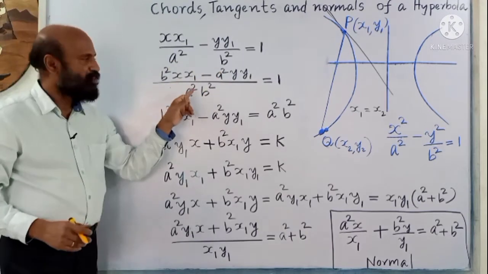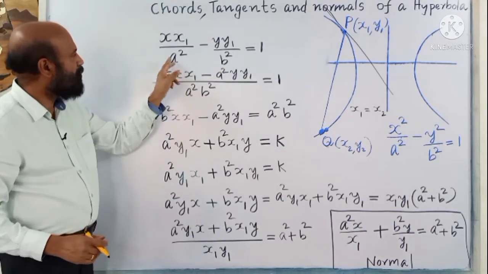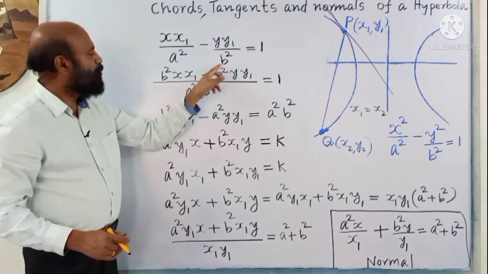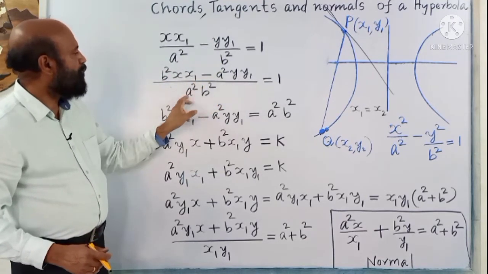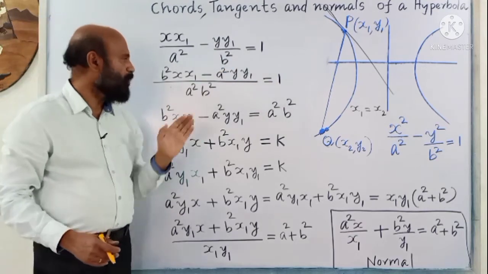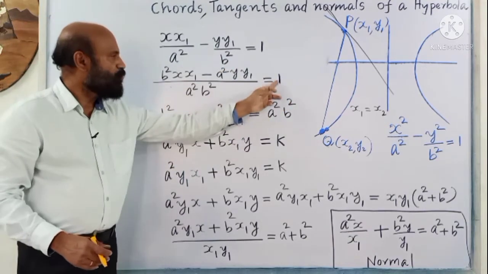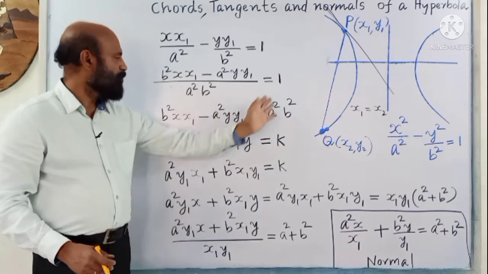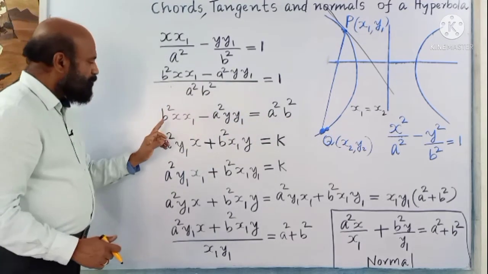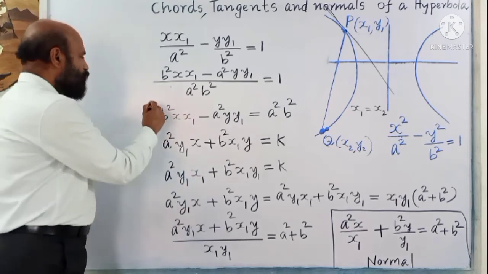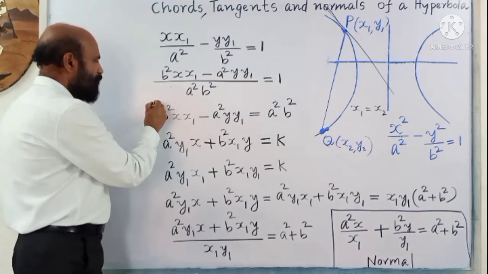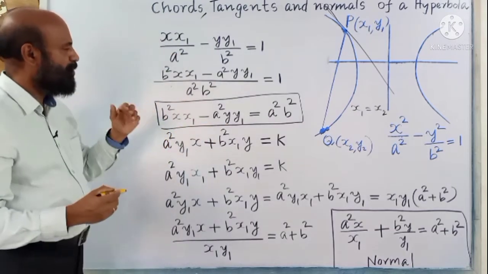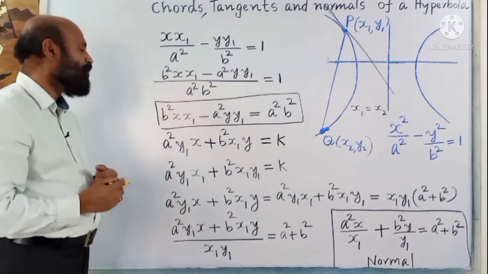Then when this is divided by a square, we get b square x1, minus, when you divide this by b square, a square y1 is equal to 1. Take this to the other side, so 1 into a square b square. Then this is the equation of the tangent in another form. The equation of the tangent we rearranged and we got the equation of the tangent.